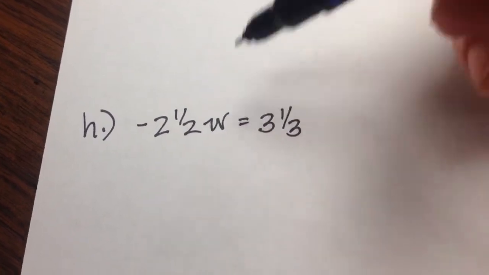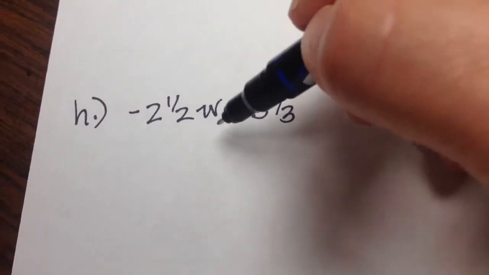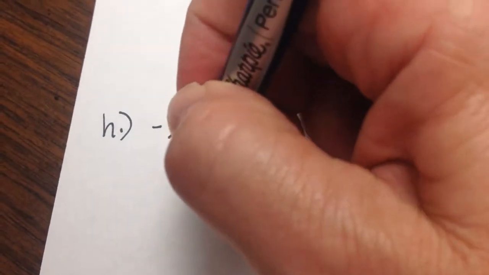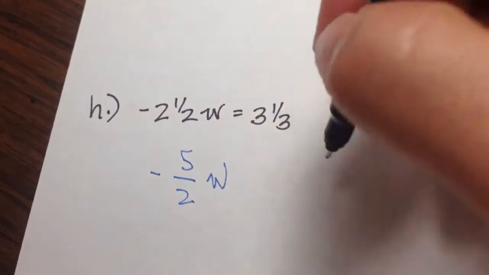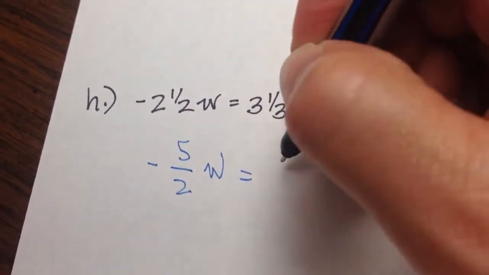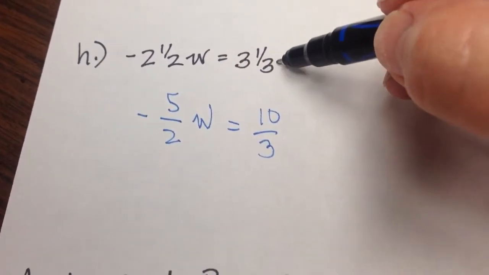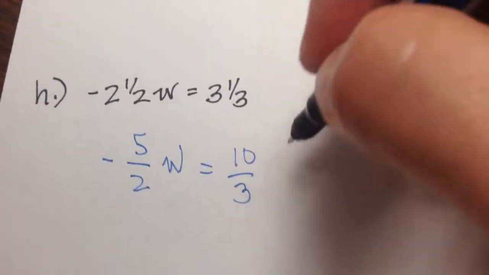Negative 2.5w equals 3 1/3. Oh, man. I'm going to make these improper. 2 times 2 is 4, plus 1 is 5. So I have 5 over 2 w equals 10 over 3. Just made that improper. So I'm going to divide, which means multiply the reciprocal.